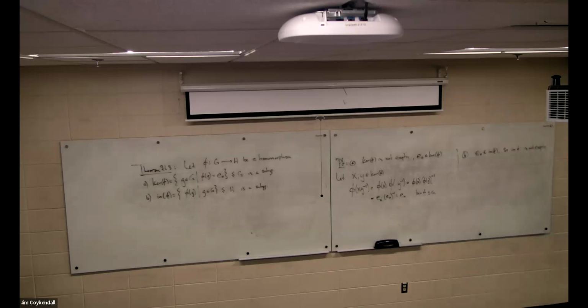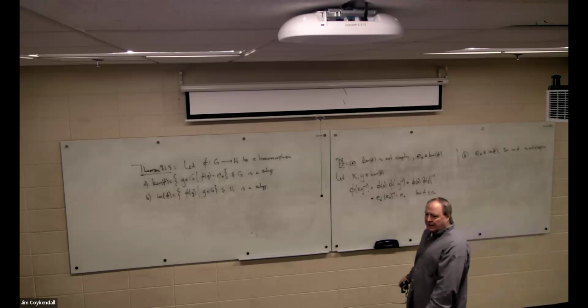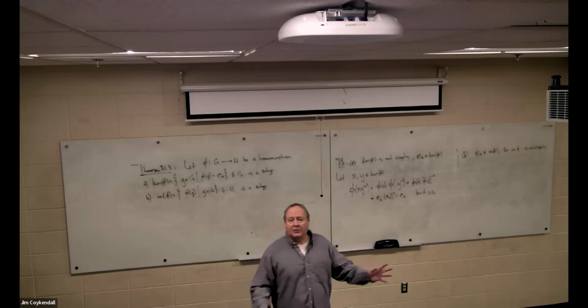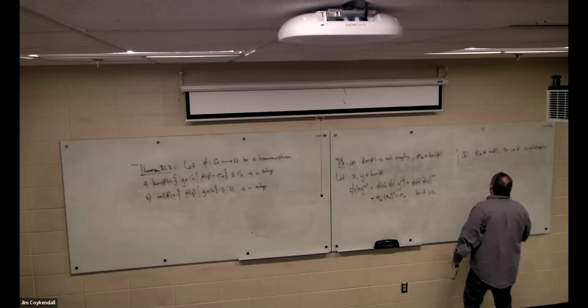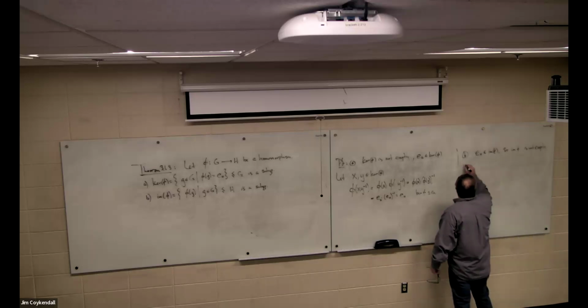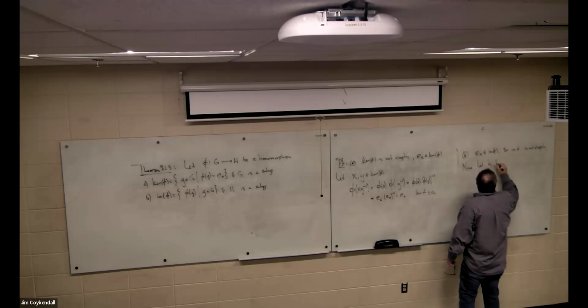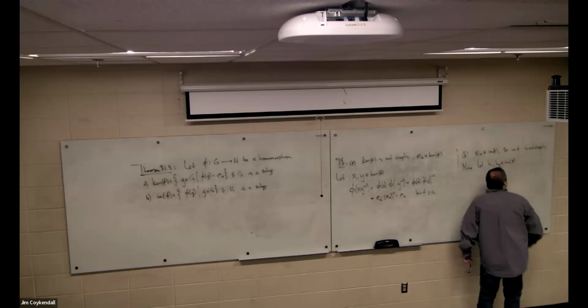Well, one thing I know for sure that's in the image of phi is the identity, because the identity of G goes to the identity of H, so at least I've got the identity of H in the image. Everybody okay with that? So it's not empty. So celebration time, I can do the subgroup criteria. So now let h1 and h2 be in the image of phi.